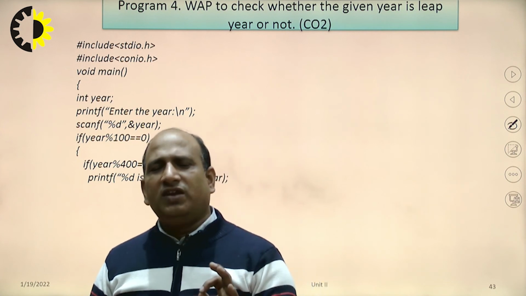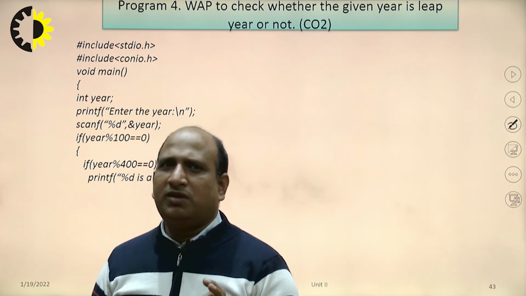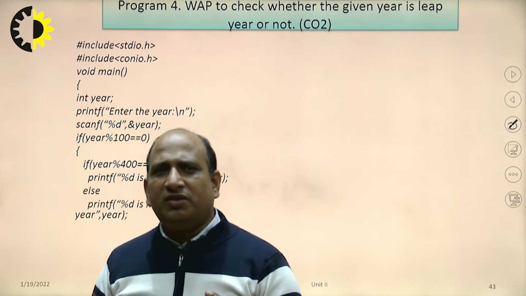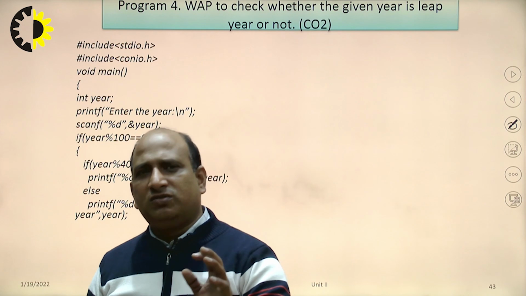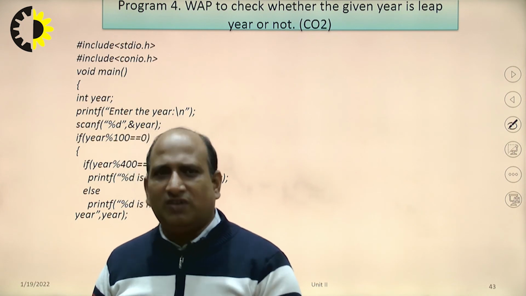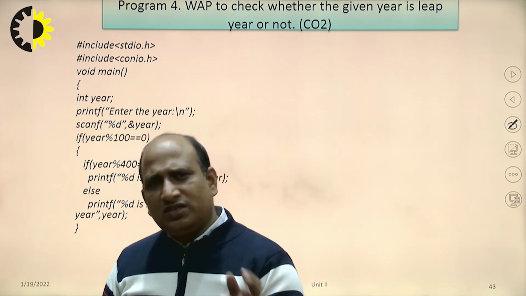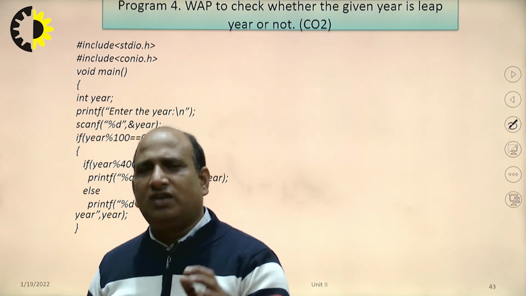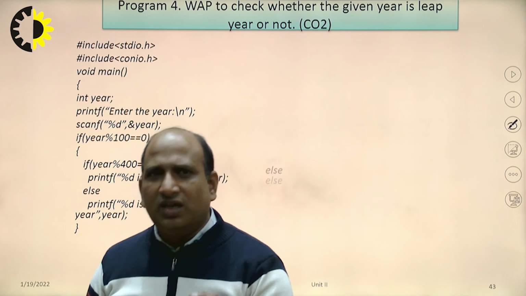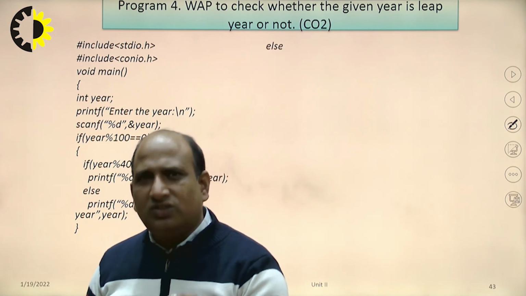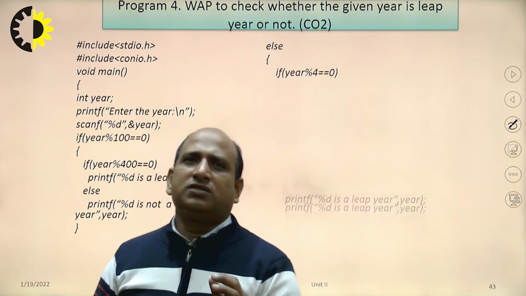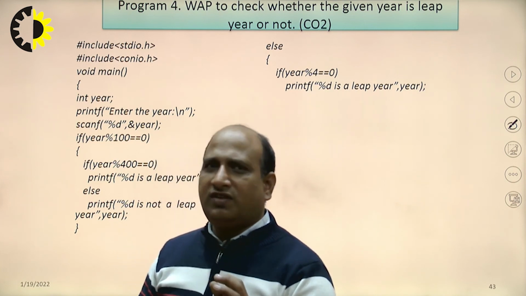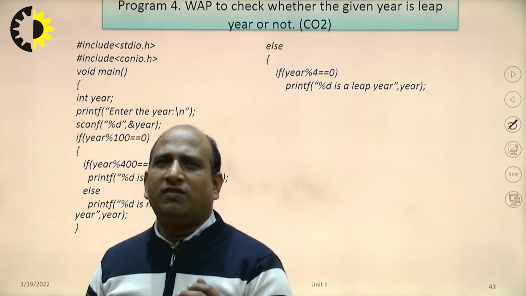So firstly we have to check whether a year is divisible by 100 or not. If it is divisible by 100, then we come here and check if it is divisible by 400; if so it is a leap year, otherwise not. And if it is a non-century year, meaning the first test expression year modulus 100 equals 0 becomes false, meaning the year is not a century year, then I check divisibility by 4, because for a non-century year divisibility by 4 is sufficient.